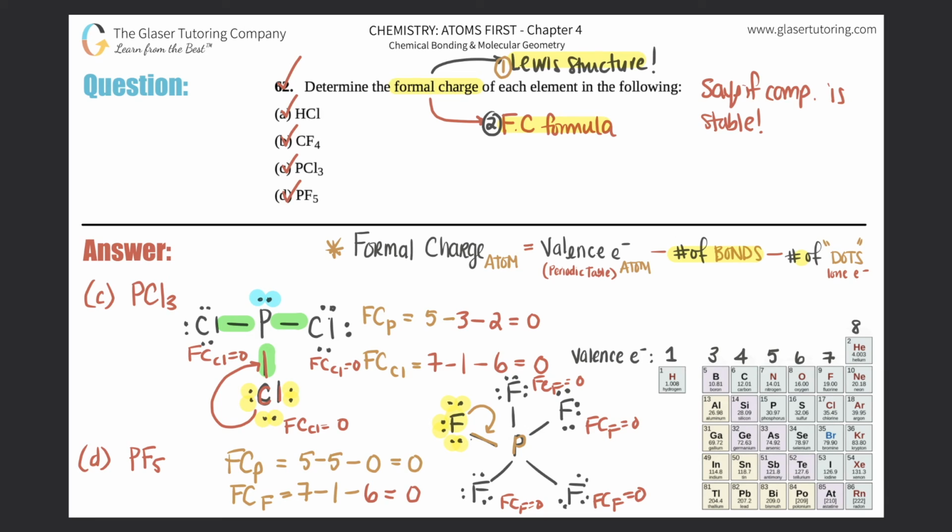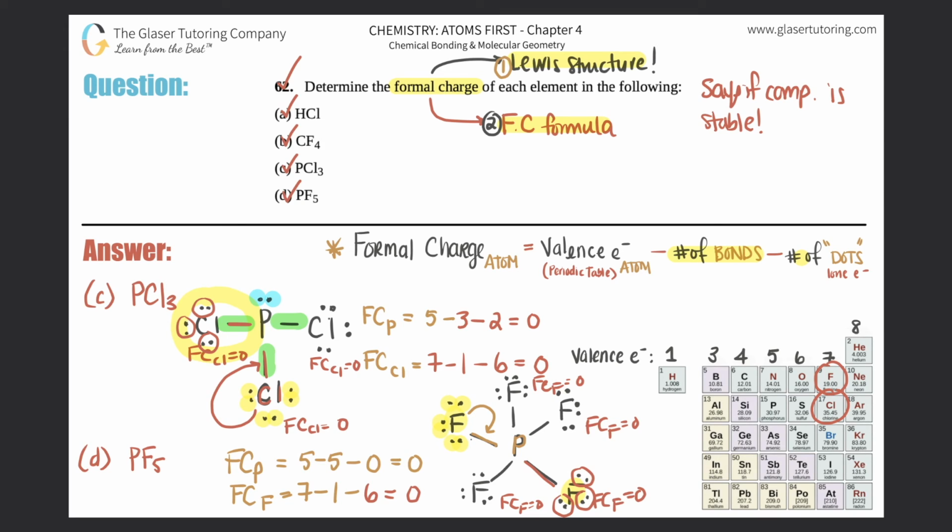So look here. Look at this chlorine, right? This chlorine has one bond and 3 lone pairs. And chlorine's over here. As opposed to fluorine, look at this fluorine. It has one bond and 3 lone pairs. And that's over here. Do you see the similarities?